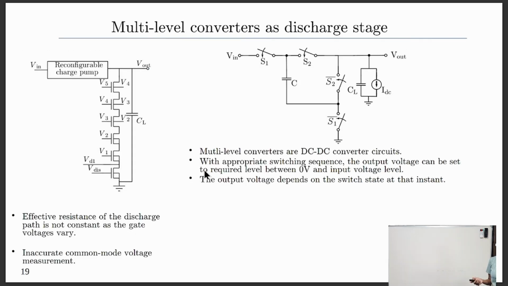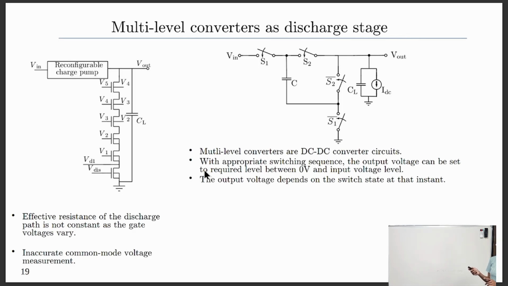And the second was the effective resistance of the discharge path, which is not the same for both the charge paths, which are generating differential voltage. So to avoid this, we have used multi-level converters, and I would like to thank Professor Abhijit for all his inputs related to multi-level converters.